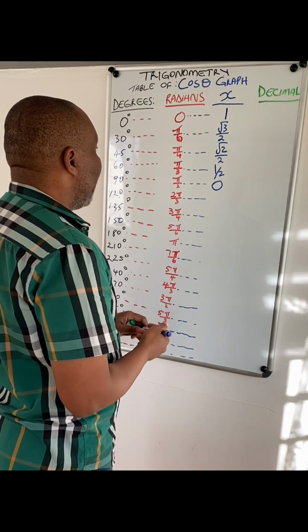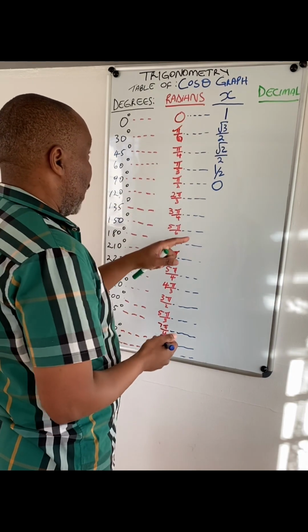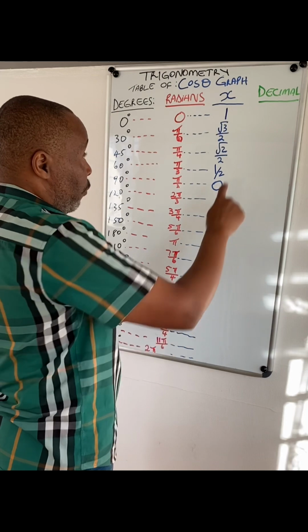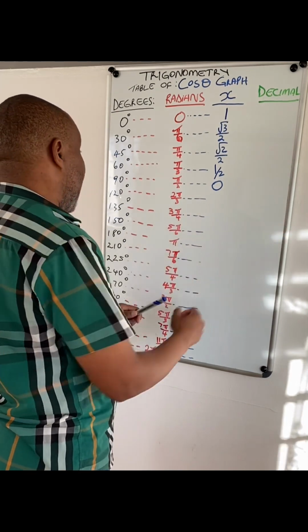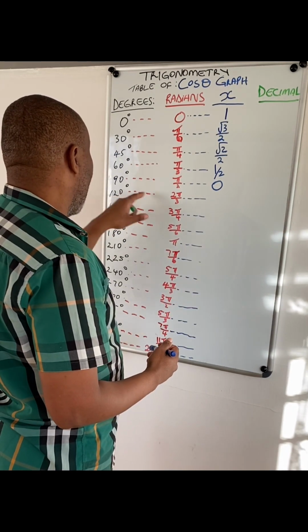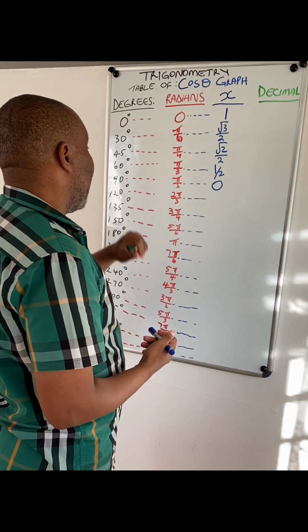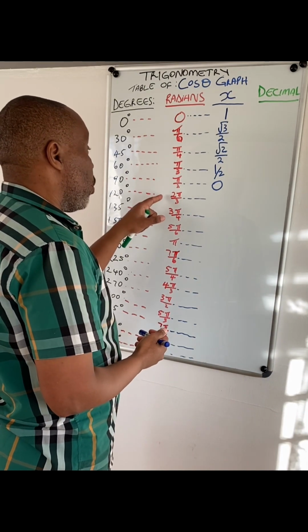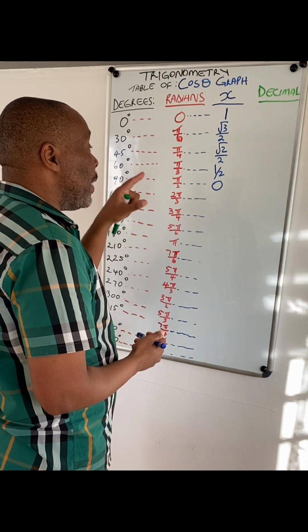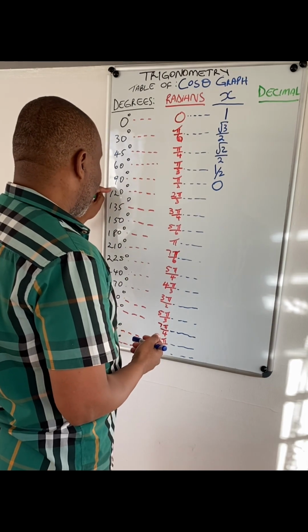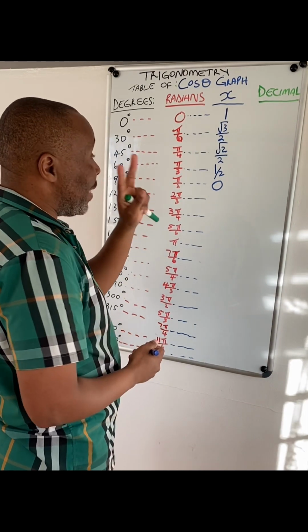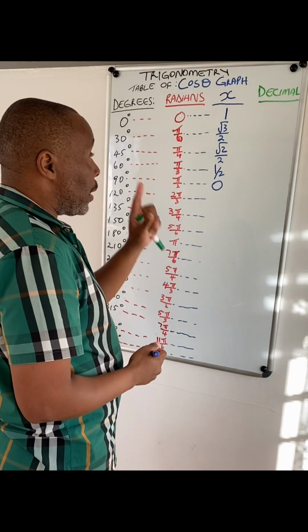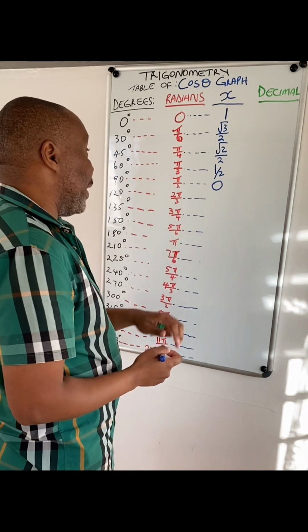When we get to 120 in the cos graph, it goes to the negative. So at 120, we start seeing the negative, because cos is negative in the second quadrant. From 120 to 180, we are in the second quadrant, and cos in the second quadrant is negative.